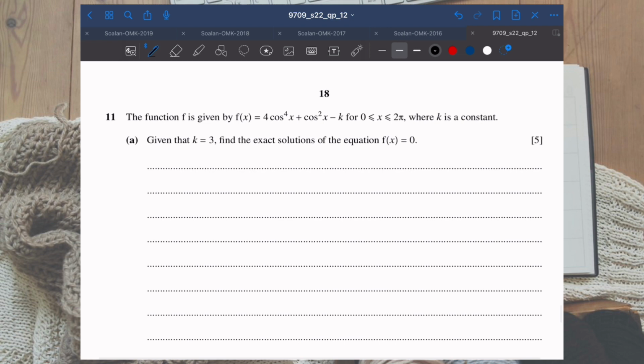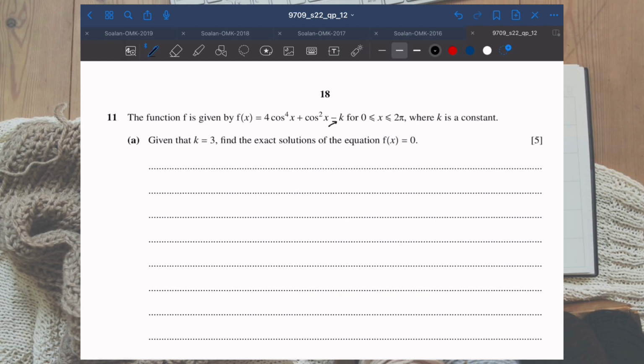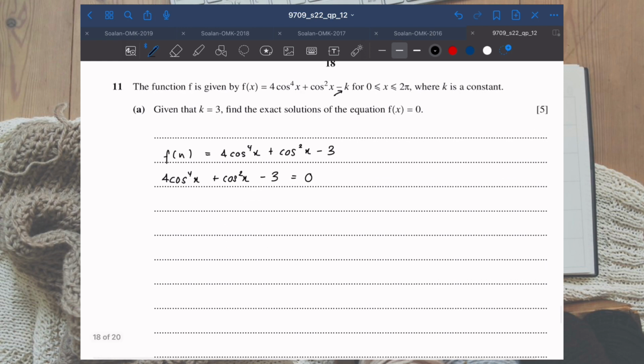Given that k is 3, we'll just substitute it back into the equation. So f of x is equal to 4 cos to the power 4 x plus cos squared x minus 3. So 4 cos to the power 4 x plus cos squared x minus 3 equals 0.